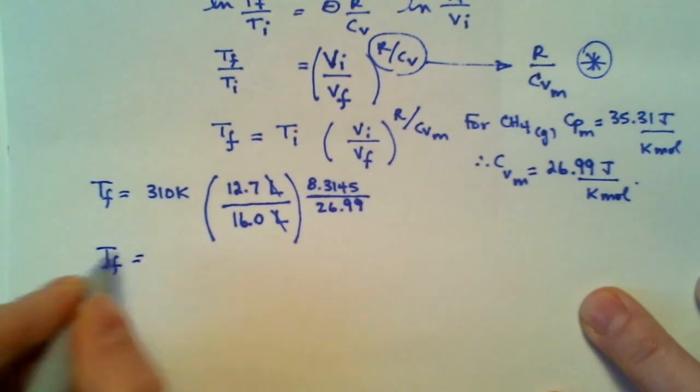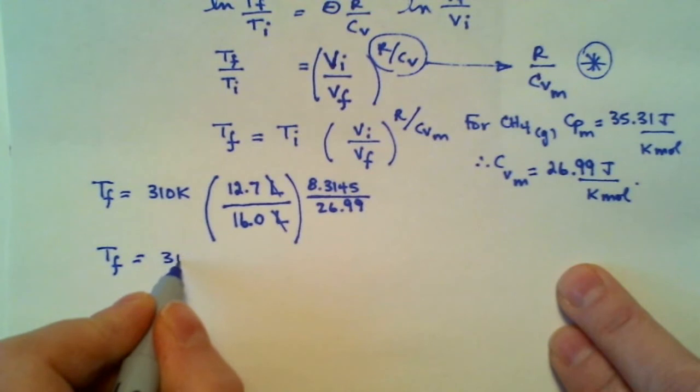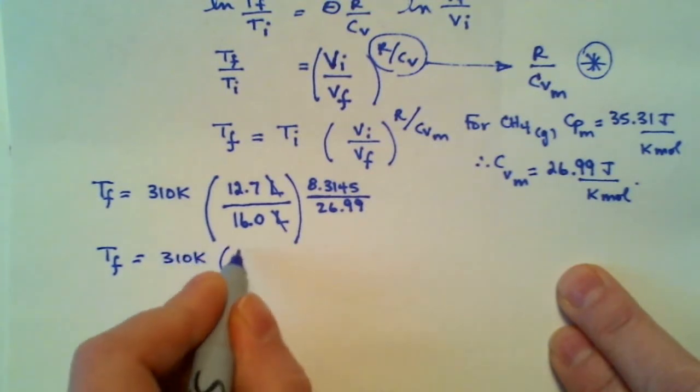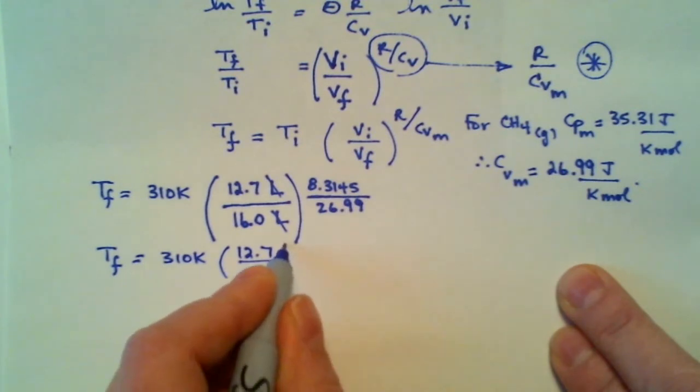T final then is equal to, all right, let's actually calculate what the exponent is. 8.3145 divided by 26.99. So just because this is a tutorial, I'm really dragging out the steps so it's clear for everybody.